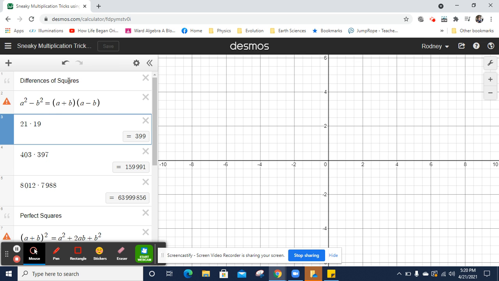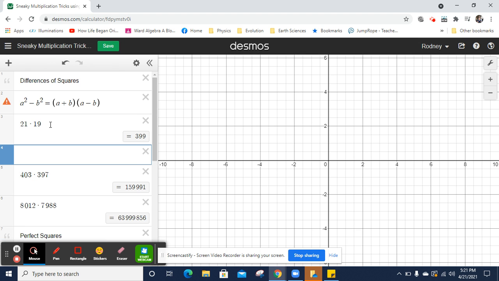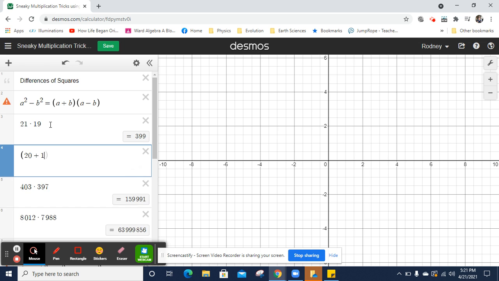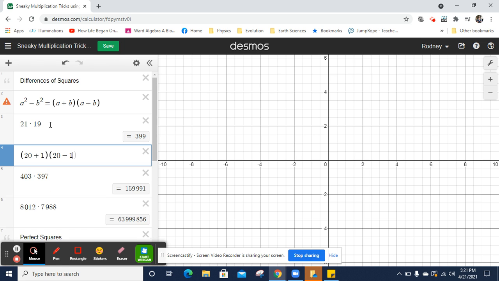Now we're going to take this structure and use it to structure this multiplication problem. By doing that, I'm going to be able to take advantage of this structure and make my math much simpler. So 21 times 19 is the same as 20 plus 1 times 20 minus 1.